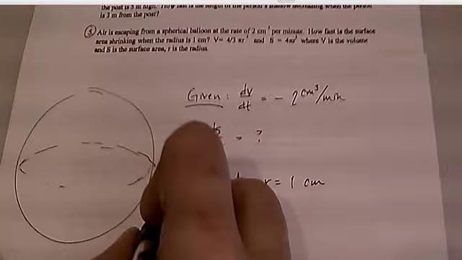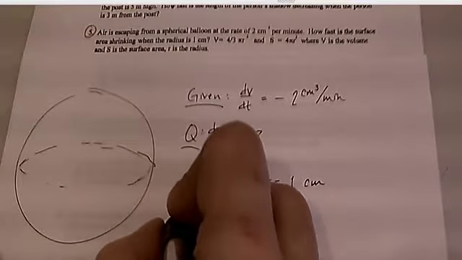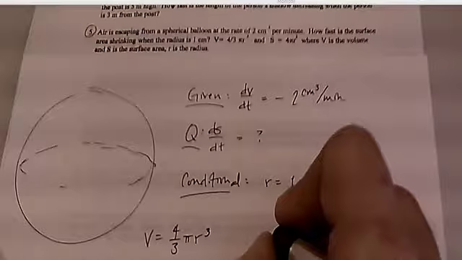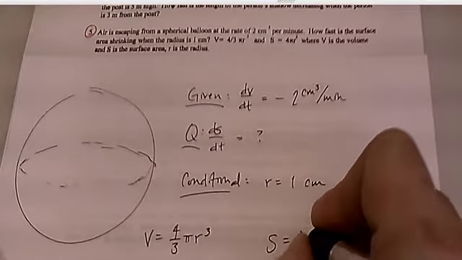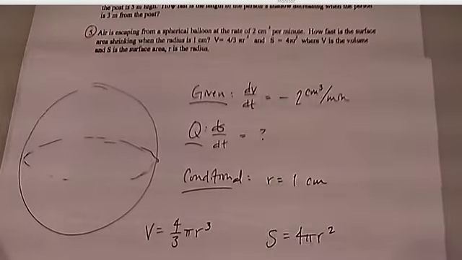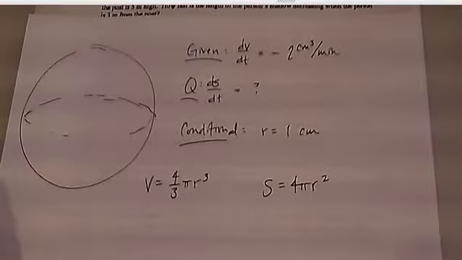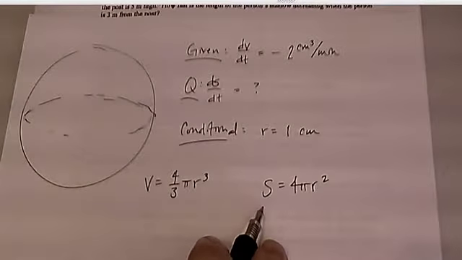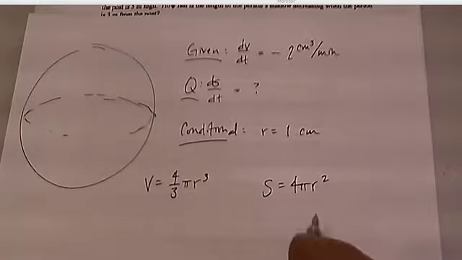Now it's asking for dS/dt. I happen to know that volume being 4/3 pi r cubed and surface area being 4 pi r squared, there happens to be a relationship between them. If I want to deal with S, that's fine.